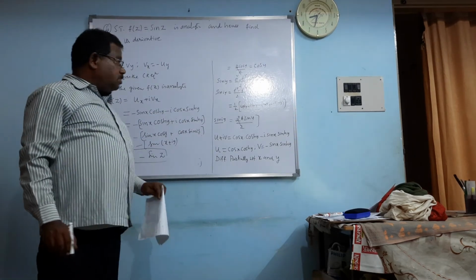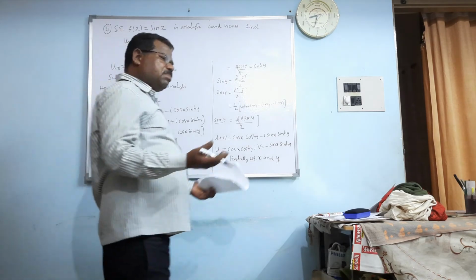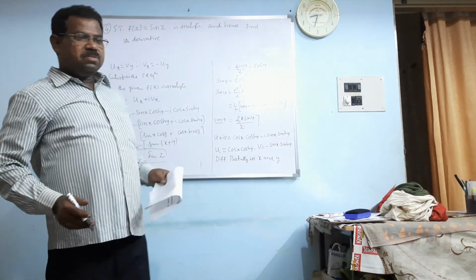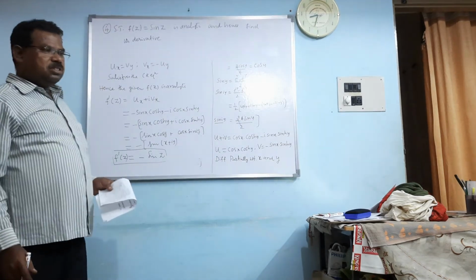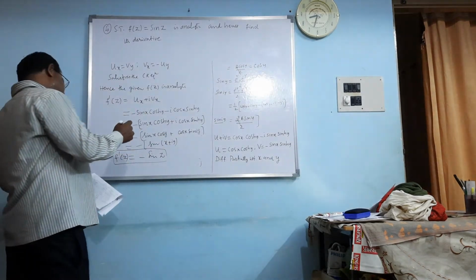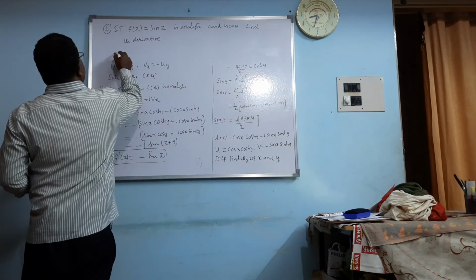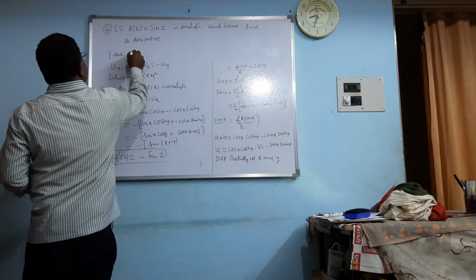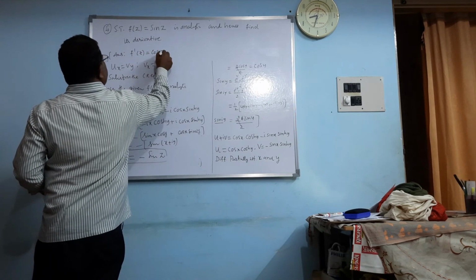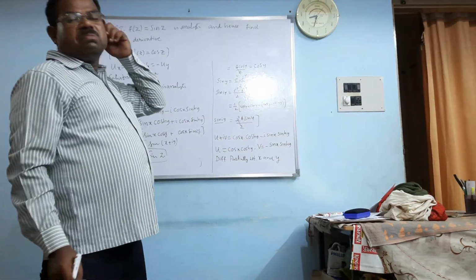This is homework, a very simple problem. Here the answer is f dash z is equal to cos z. This is the answer for this problem. You try at home.